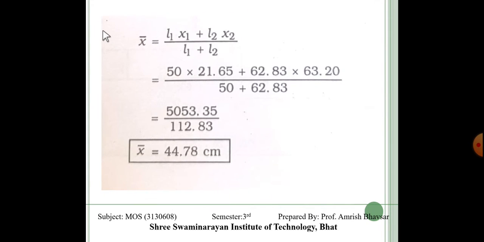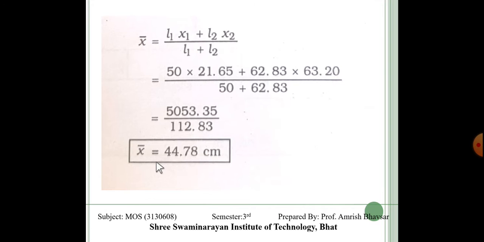Now put the value x bar is equal to L1 x1 plus L2 x2. Here only two parts are there. Put the values L1 x1 L2 x2.